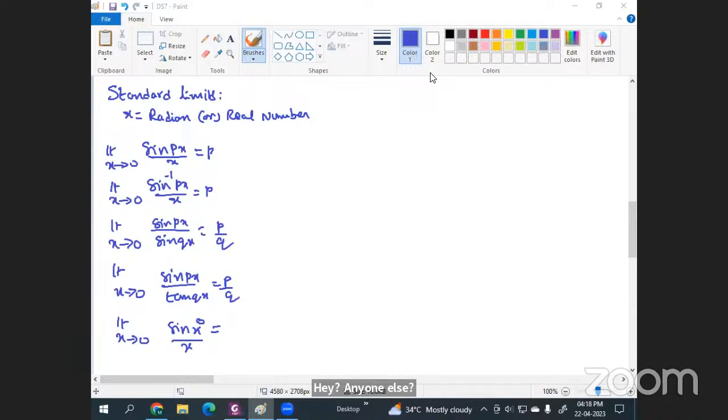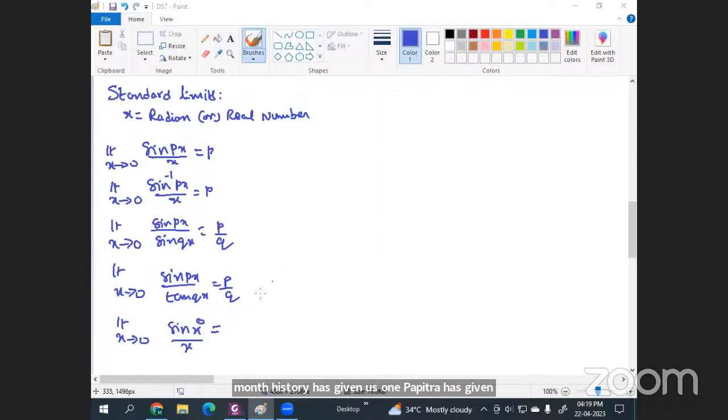Sneha has given 1. Vidya, 1. Aditya, 1 is given. Right. So pi by 180 is the right option, as Del has given correct.